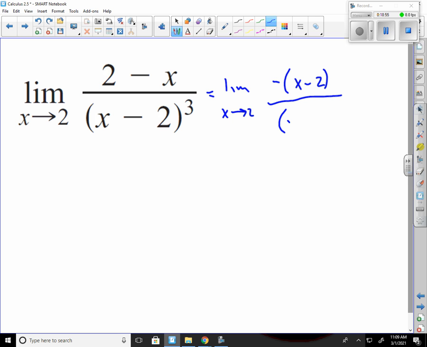And now I have 3 of those same things on the bottom, so I can cancel 1 out with one of these. That becomes squared. I have the limit as x approaches 2 of negative 1 over x minus 2 squared.